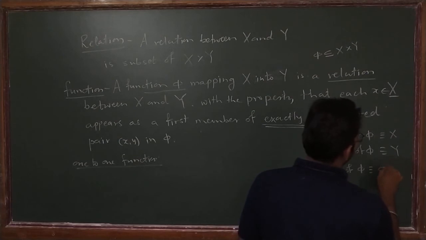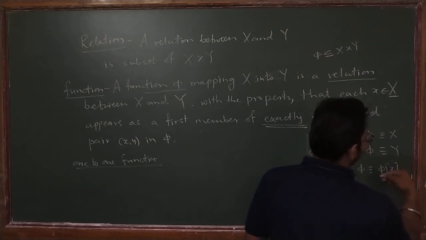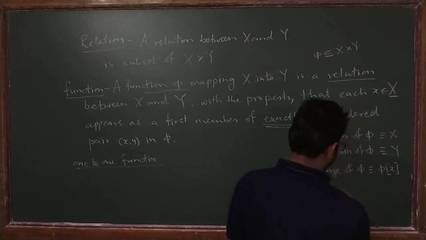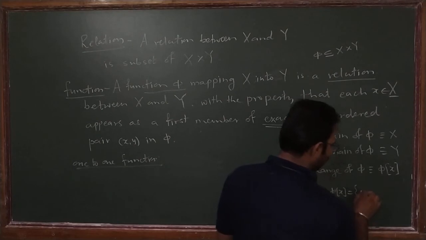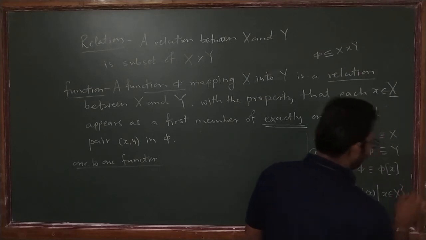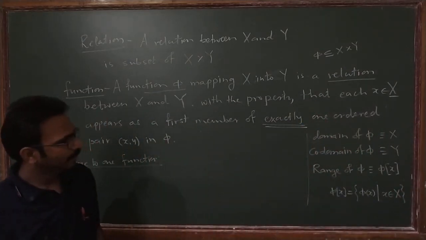It will be the image set of phi. That means the image set will collect all the images phi of x such that x is an element of X. Right?